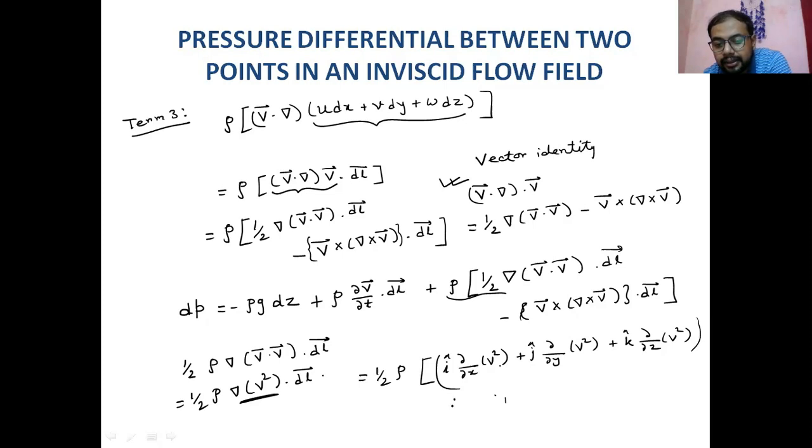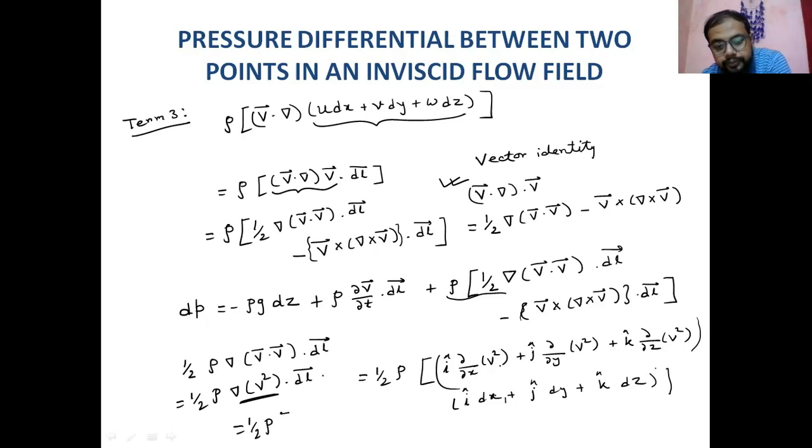And dl is i of dx plus j of dy plus k of dz. If you do the dot product of it, it will come in this manner.